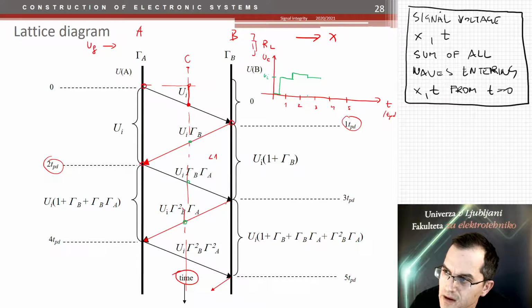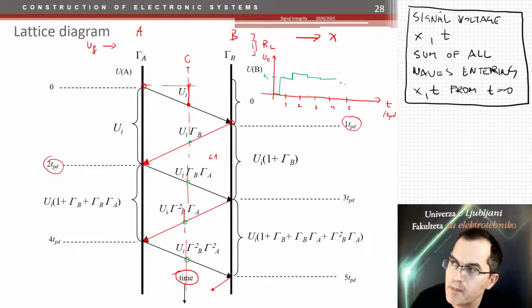Until at 3.5 TPDs, I get UY gamma B squared and gamma A, and this is a negative value again, but smaller than before because gamma B is less than 1. So very little, and then continuing to 4.5, when I get gamma A squared and gamma B squared, which together form a positive value. Very, very small.